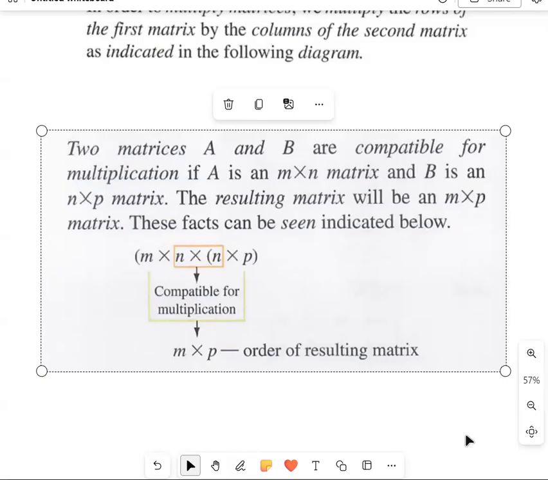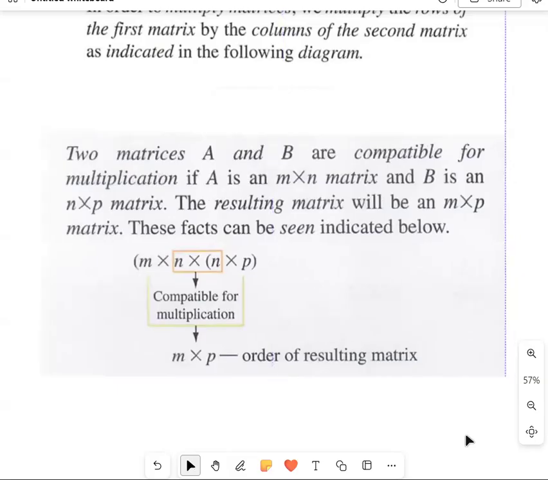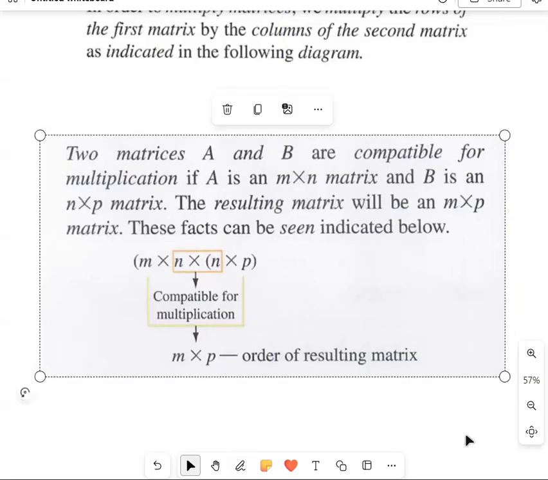And the resulting matrix will have the number of rows in the first one by the number of columns in the second. This is something you have to remember, because at times you can be asked this as a recall.